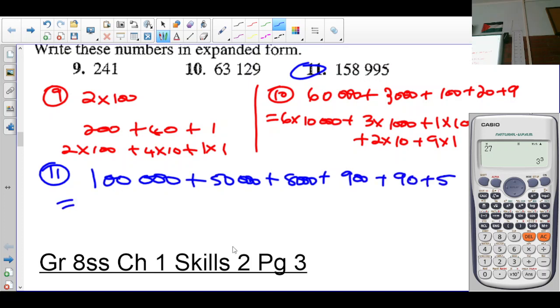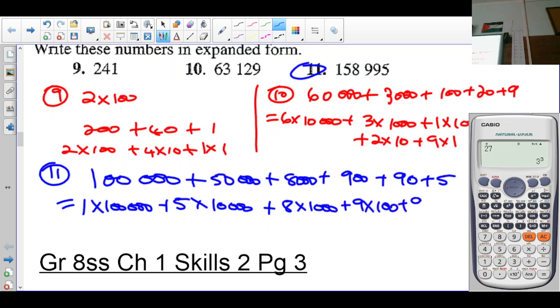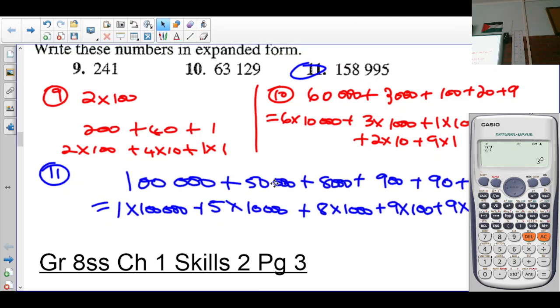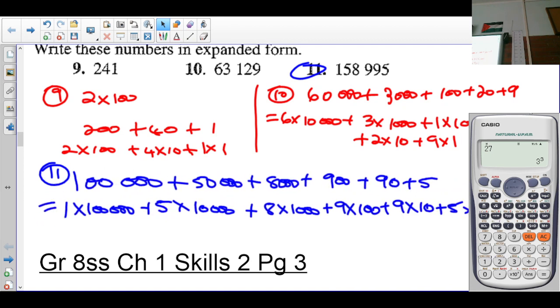So in expanded form it can be written as 1 times 100,000 plus 5 times 10,000 plus 8 times 1,000 plus 9 times 100 plus 9 times 10 plus 5 times 1. Okay. Any confusion? I know some of you have written it as it is in the first line, but it goes further. Okay.